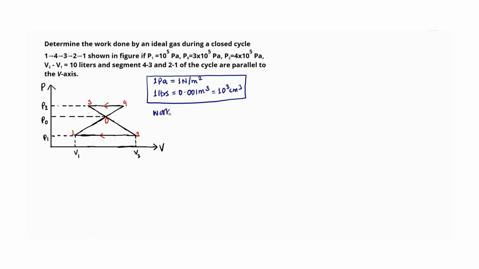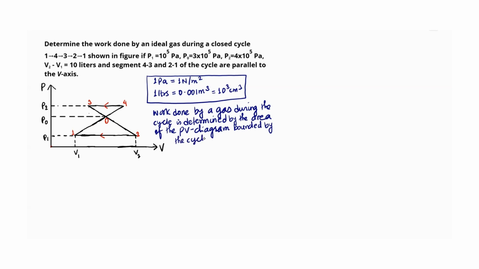Work done. Since we have a PV diagram, in case of a PV diagram, work done by a gas during the cycle is determined by the area of the PV diagram bounded by the cycle.